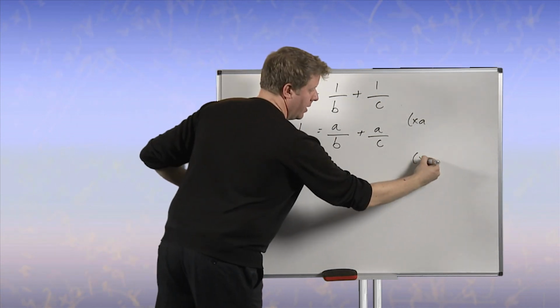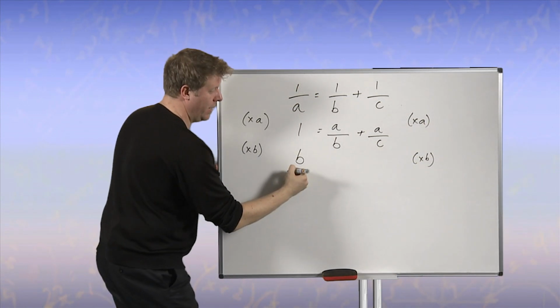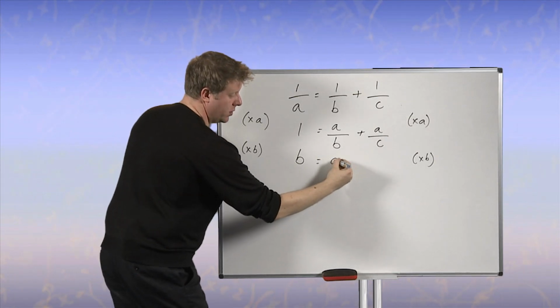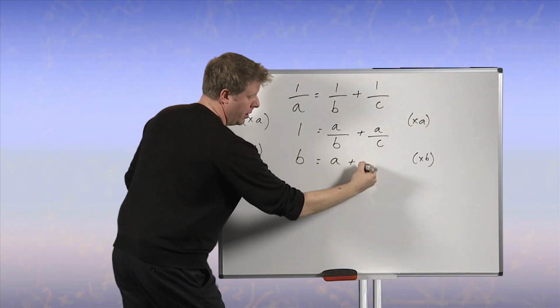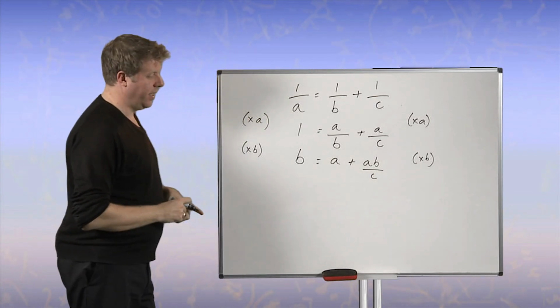That's going to give me B on this side equals A plus AB over C.